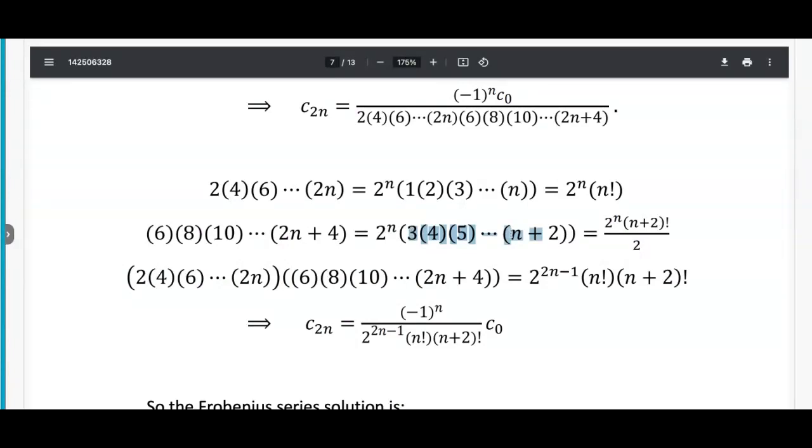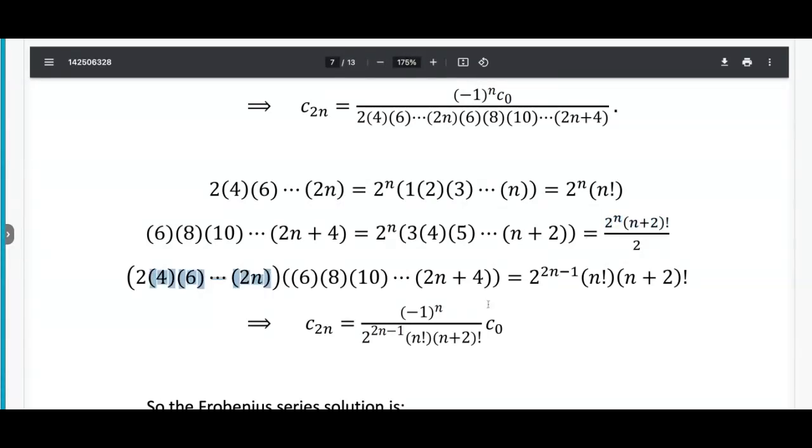So n plus 2 factorial divided by 2, right, because we don't have 2 here. So there's 2, 3, 4, 5, 6, and so on. So after n plus 2 factorial, the only thing missing is 2. So that's why we see here divided by 2. Or we can write it as 2 to the nth power minus 1 times n plus 2 factorial.